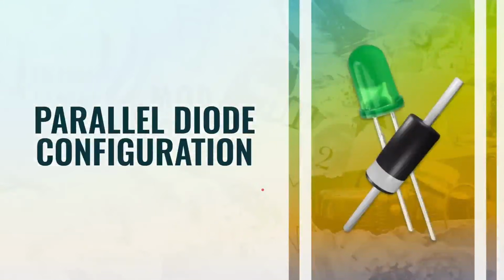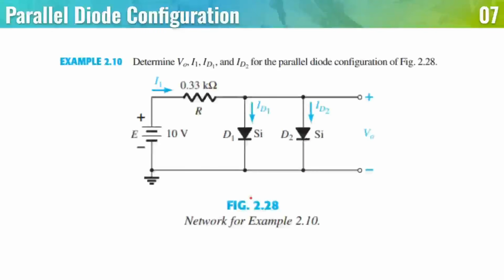So for the parallel diode configuration, we're going to apply the same concepts. Just a short recap. Before we continue, you should know about the voltage splitter and the current splitter. First we're going to apply the current splitter here.